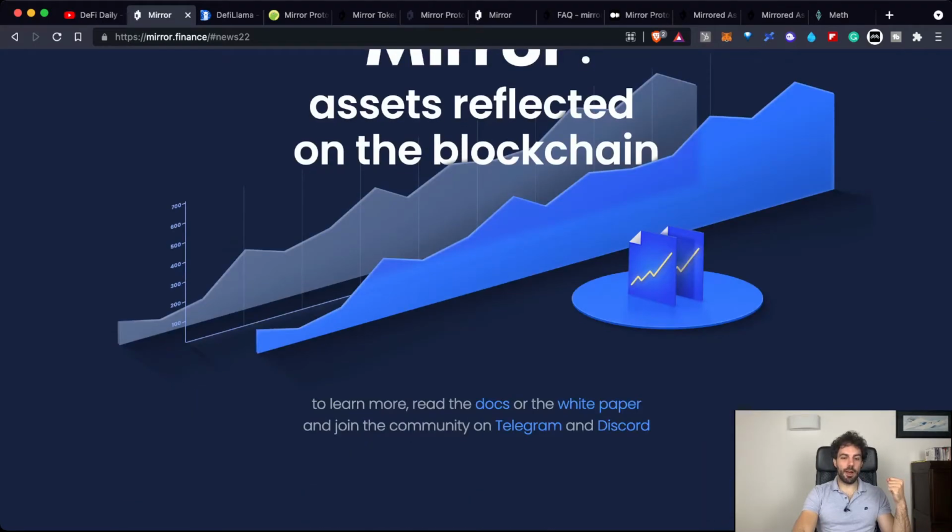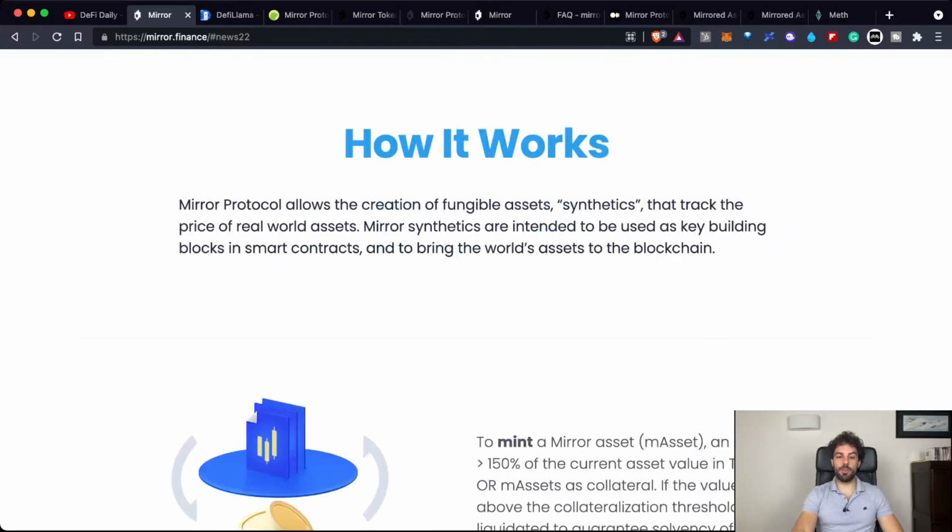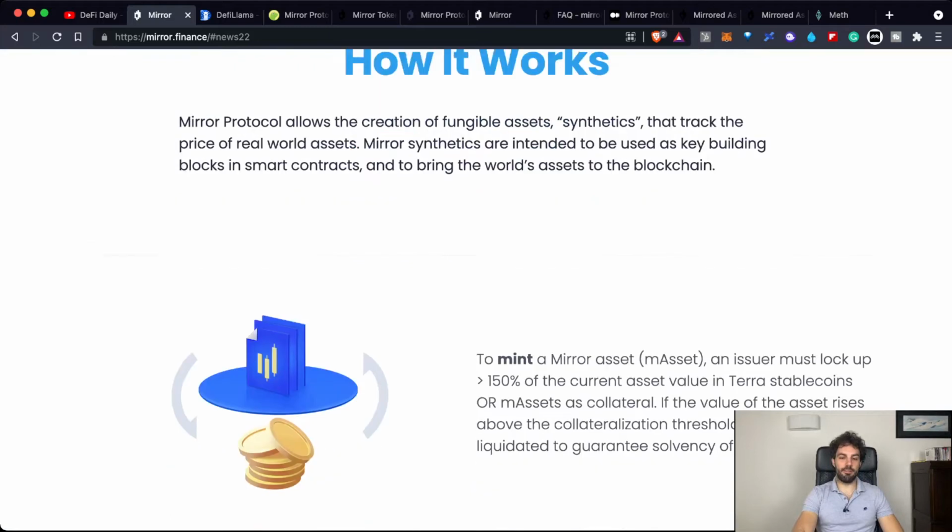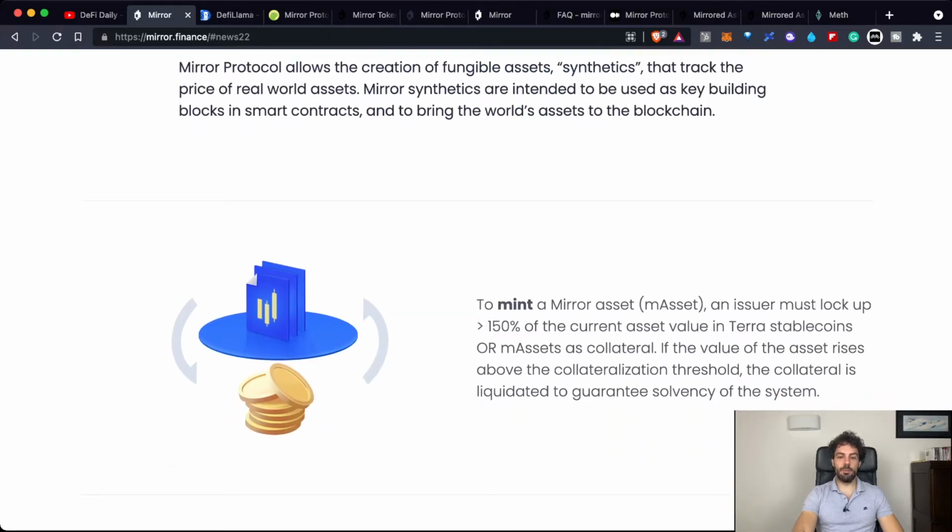If we go down, here it is written how it works, and as you can find here, you can mint almost any MIR asset. All the MIR assets are called M asset, and instead of asset, obviously there will be the name of the asset. But be aware that not every token that you can find on the DEXs is a MIR asset.